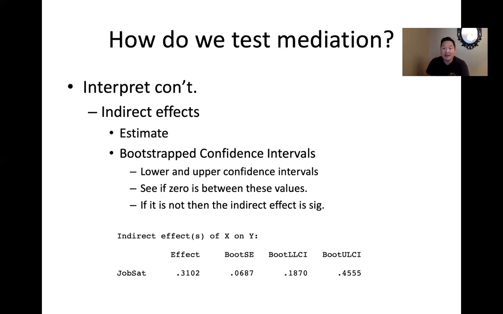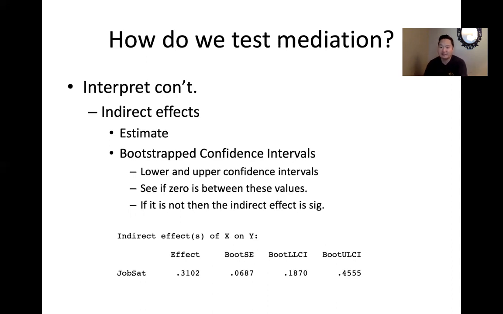Look to see if the signs are the same. In other words, are both the lower and upper confidence interval positive, or are they both negative? If they're the same, you have a significant effect. If they are different, then you do not have a significant mediation or indirect effect.